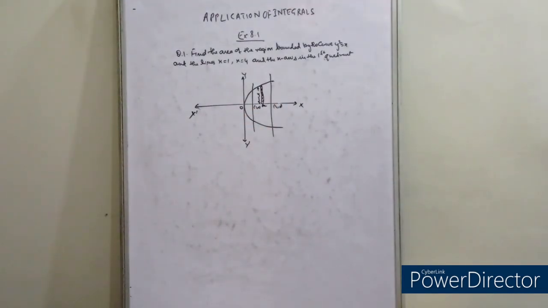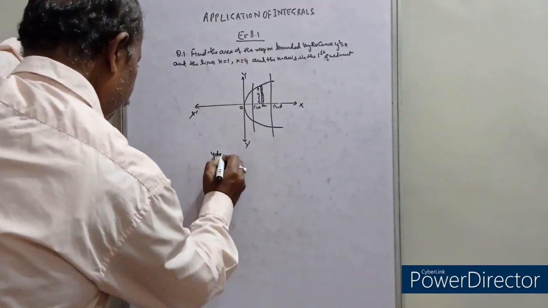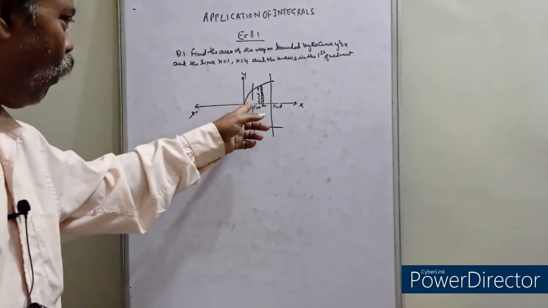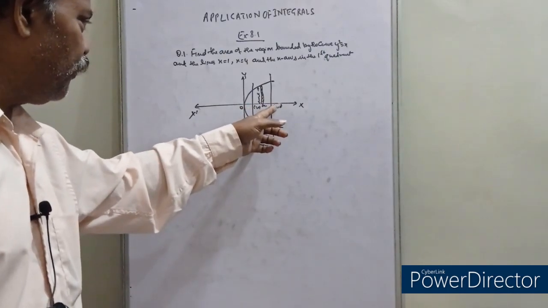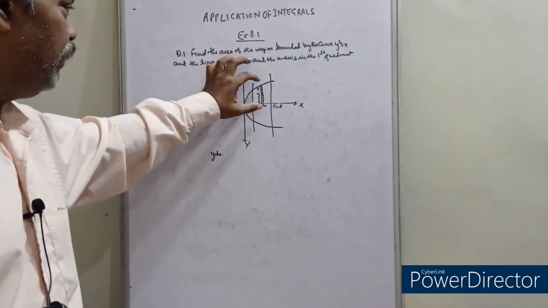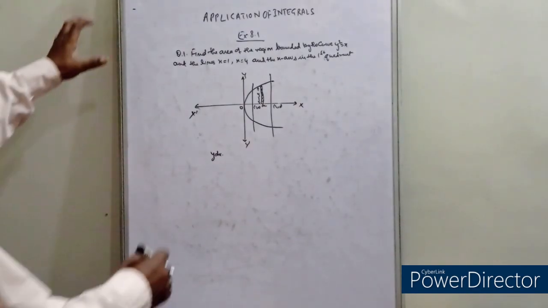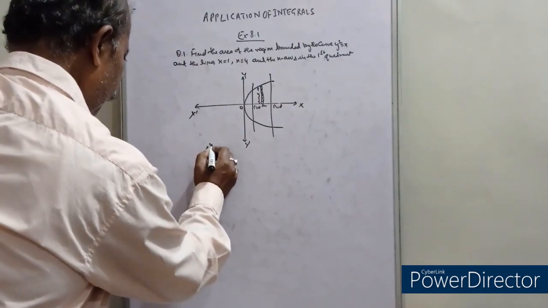So the area of this rectangle will be y dx, length into breadth, and the summation of all such rectangles within x is equal to 1 to x is equal to 4 gives the area. That means summation, that is integration, from 1 to 4.